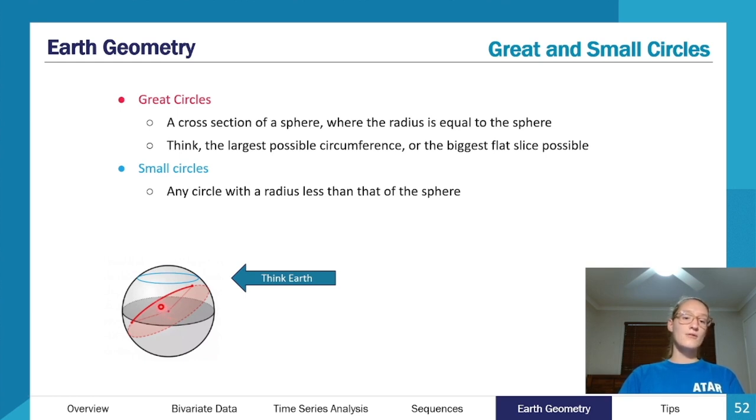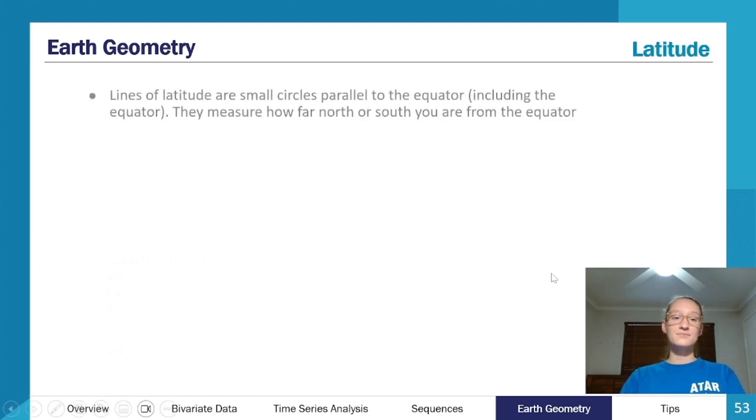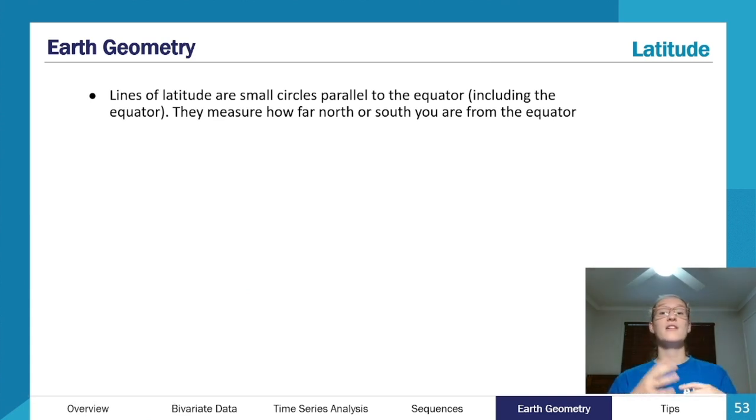For example, by measuring from the center of the Earth up to here, by measuring this angle of elevation, we can see how far north this point is from the equator. So lines of latitude are small circles parallel to the equator, and the equator is also a line of latitude. The only latitude circle that's a great circle is the equator. The rest of our latitudes are all small circles.